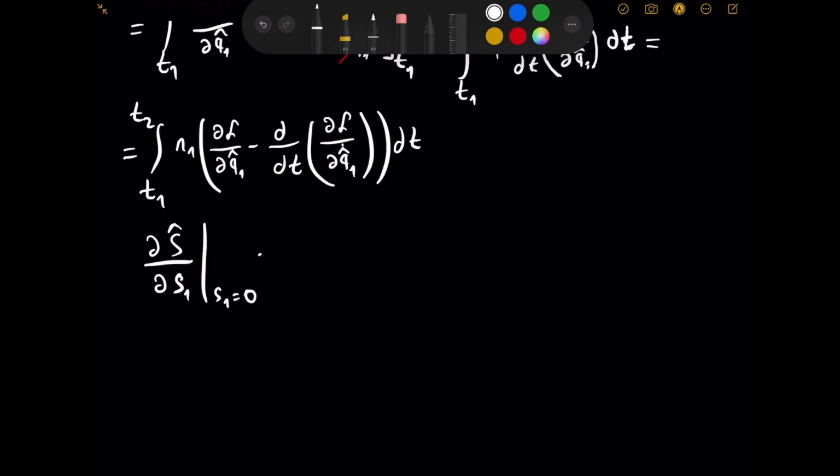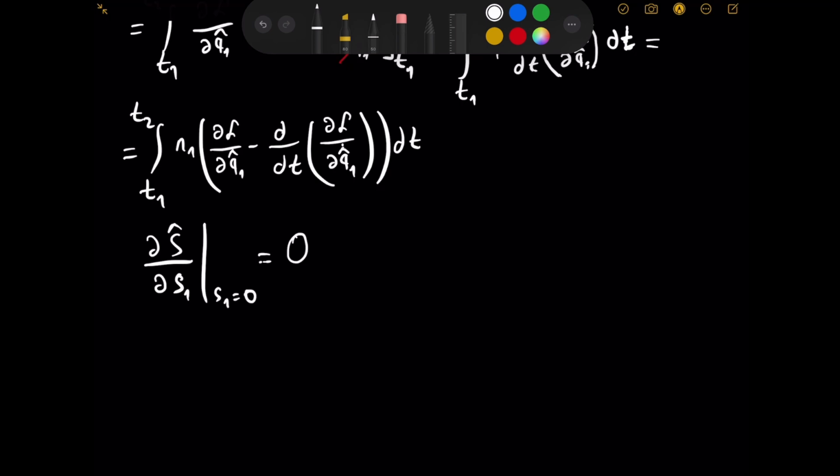Because when that happens, Q1 hat is Q1, which means we obtain the function that makes the functional stationary. So this equals 0 then, because that's the definition of making a function stationary.